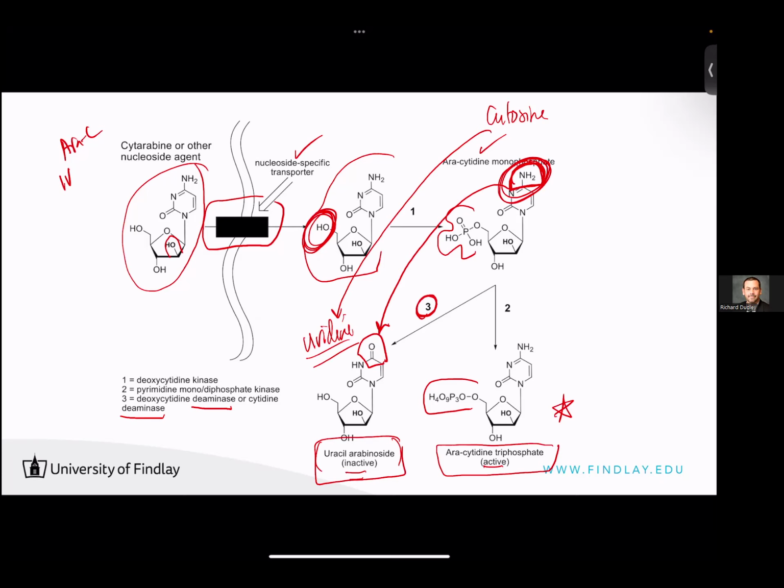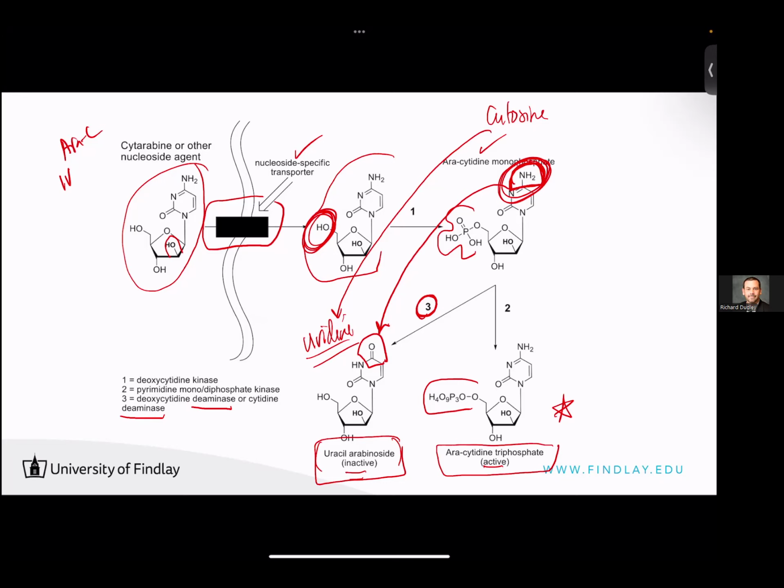Okay. So we don't want our cancer cells to overexpress these deaminase enzymes, but it would be nice if our non-cancerous normal cells had adequate expression of these deaminases to protect the cells from the toxic effects of a drug like Ara-C. Okay, now I'm done talking about nucleoside analogs.